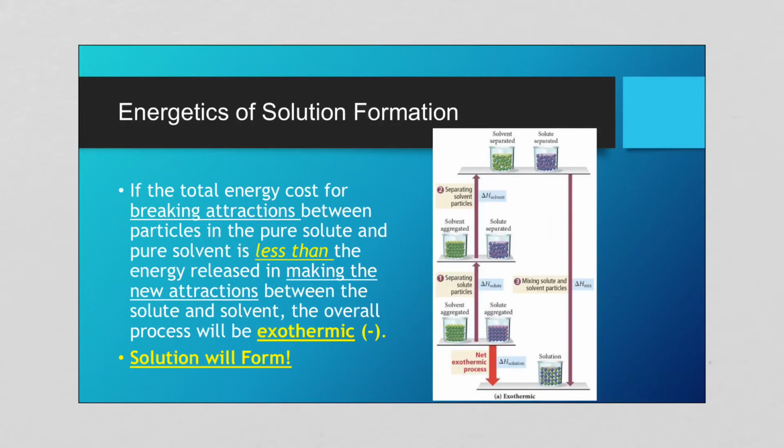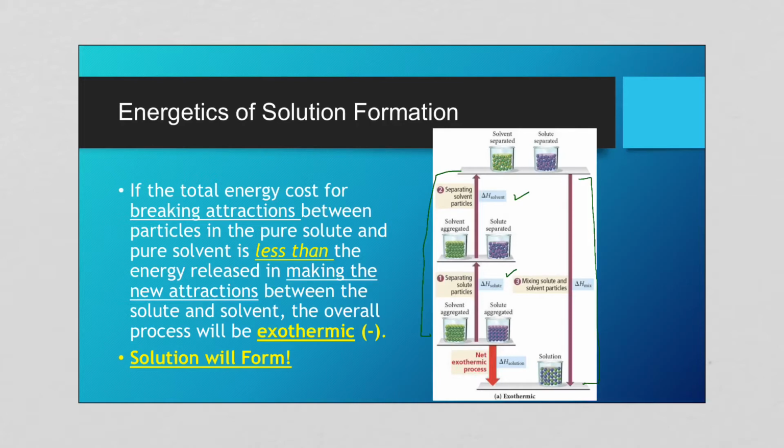So let's look at scenario number 1. In this case, we can see by looking at breaking up our delta H of solute and our delta H of solvent, so 1 and 2, takes a certain amount of energy. Now in this case, the delta H of mixing, the amount of energy we're giving off, is greater. We get more energy back.